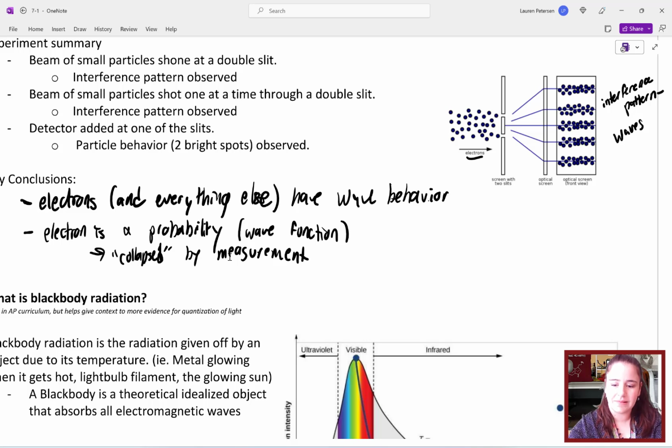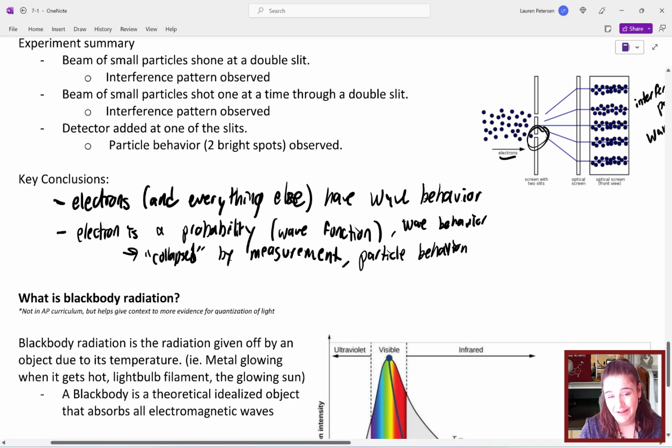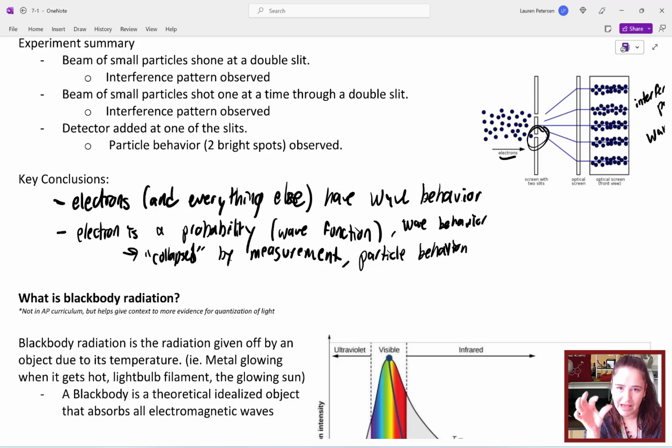So when you place a measurement at one of those slits, it collapses the wave function and goes back to particle behavior. But if we are not observing it, if we're just letting it go through, the electron is a probability and shows the wave behavior. Okay, and I know that is super counterintuitive, okay? But the reason is that in order to measure something, that act of measurement at that slit, we have to interact with the particle.